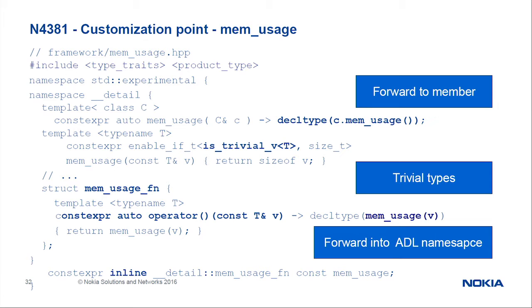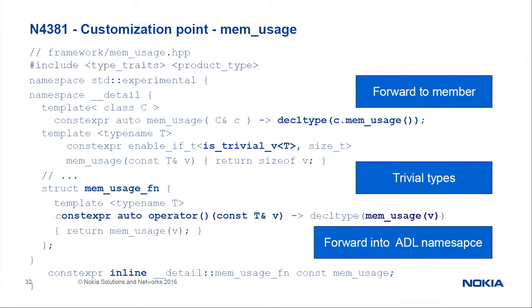The mem usage function, what we want to do is to calculate the space used by an instance object. The space used by an object is the space used by itself and whatever is referenced that is owned by the object.